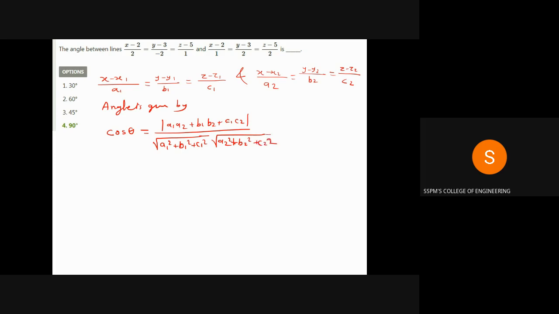This is another formula if the given equations of the lines are in this form.